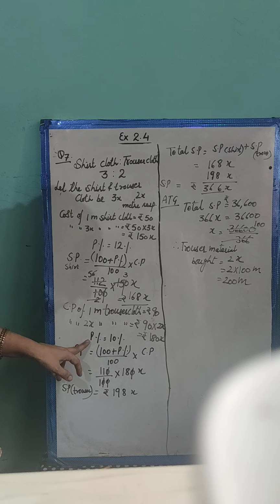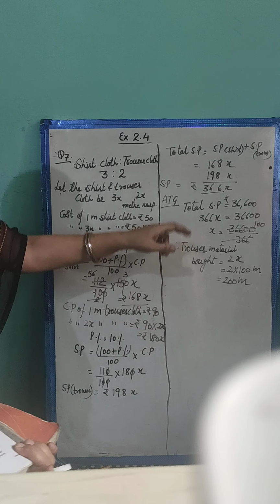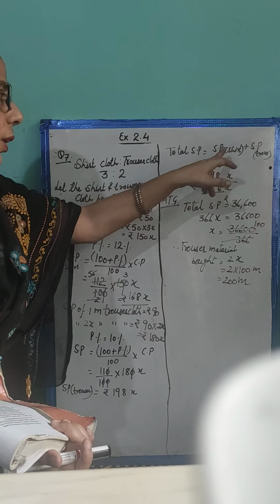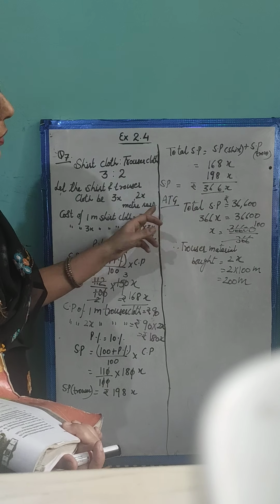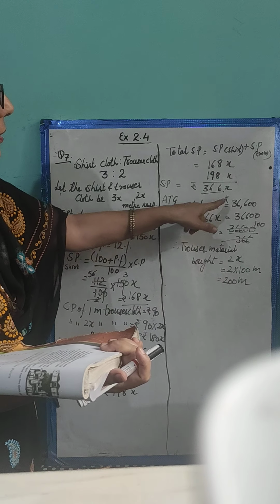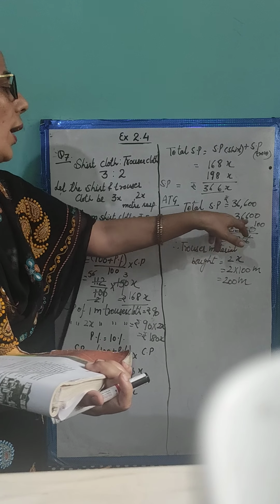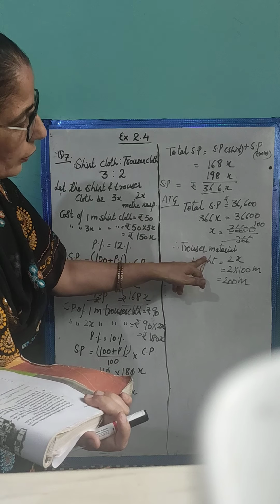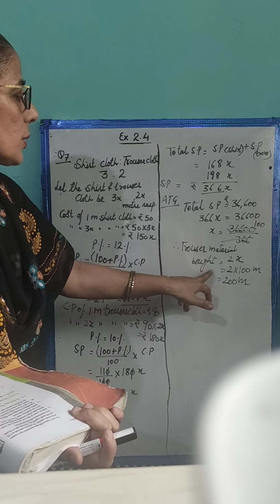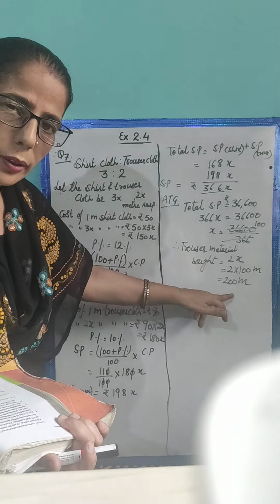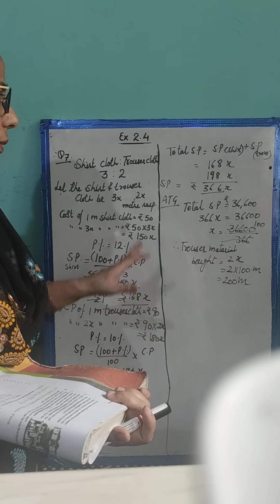Profit percent here is 10%. SP will be 198x. Total SP means SP of shirt plus SP of trouser. Add these two. It is given the total sale is 36,600. Equate these two. x is obtained as 100. We are to find trouser material. Trouser material will be 2 into x meter, 2 into 100 meter. That is equal to 200 meter.